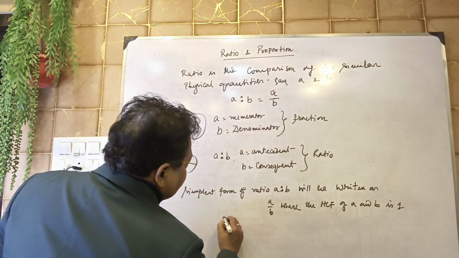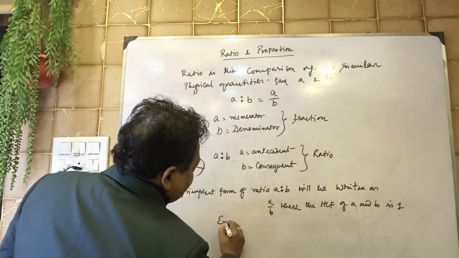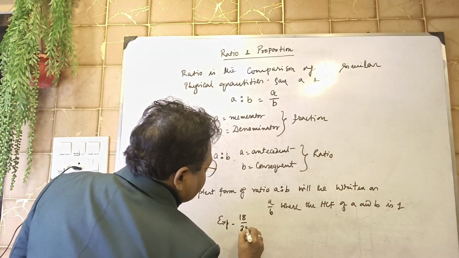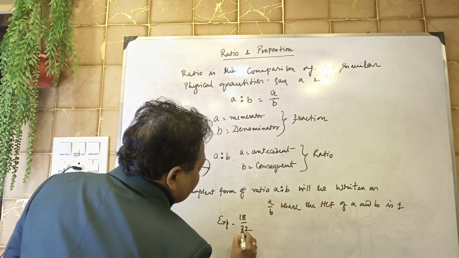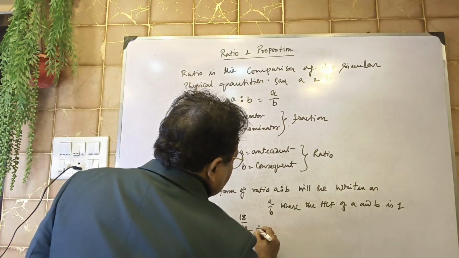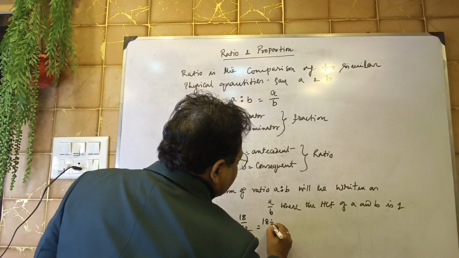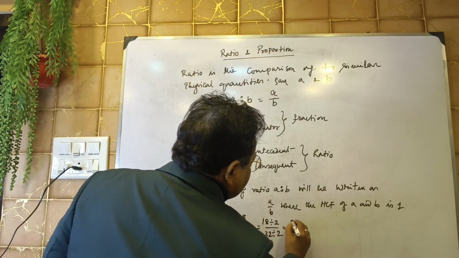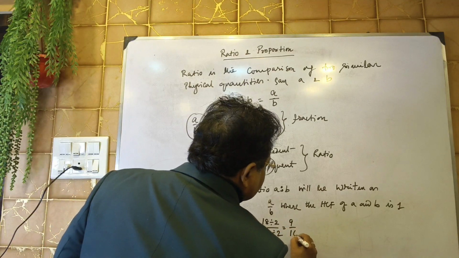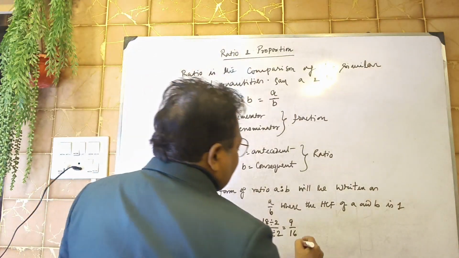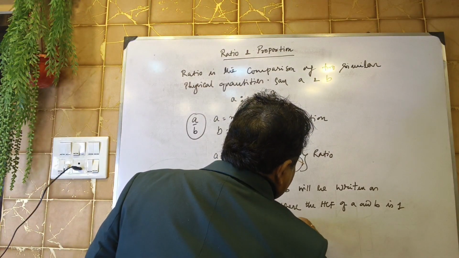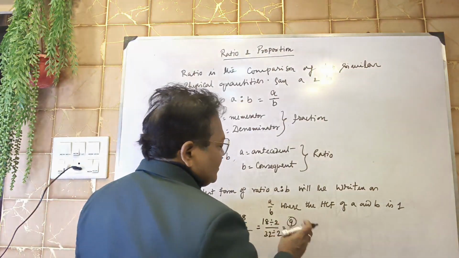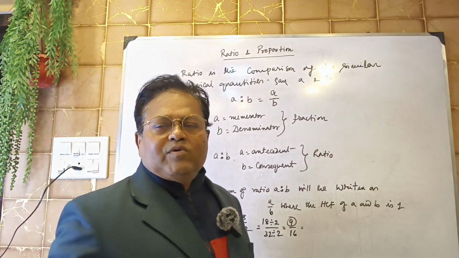As for example, I am telling you, it is 18 by 32. It can be divided by 2. You will get 9 by 16. Now 9 has the factors 3 into 3, and 16 has factors 2 into 2 into 2 into 2.